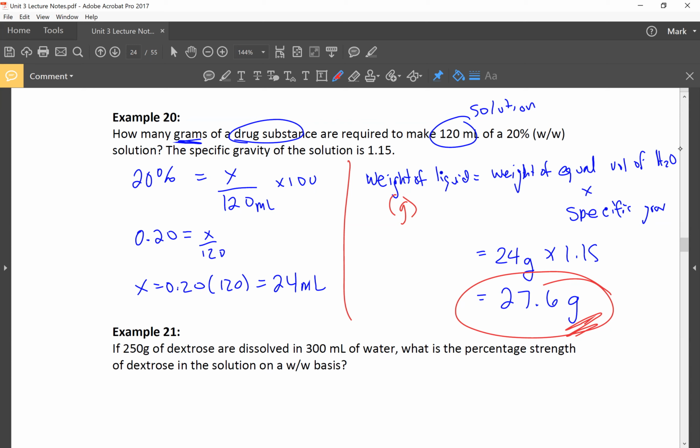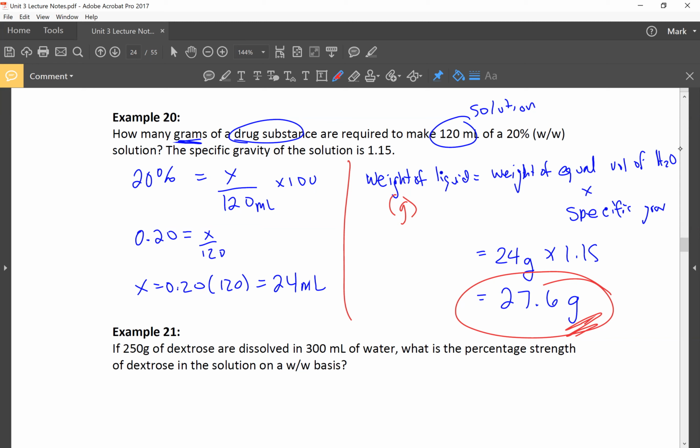In that question, you had to think about grams and milliliters and gallons. Keep in mind that for this milliliter here, there's no magic number in your data book or on your formula sheet to convert this to grams.